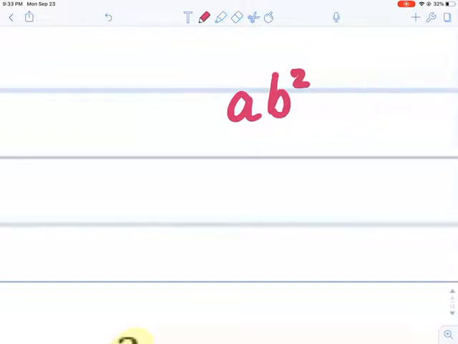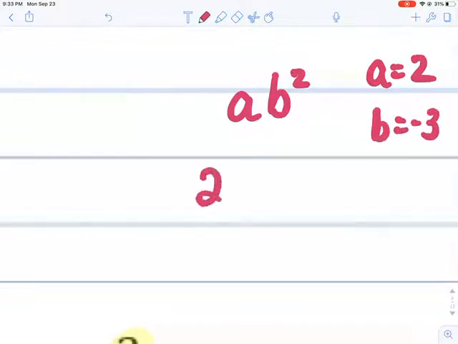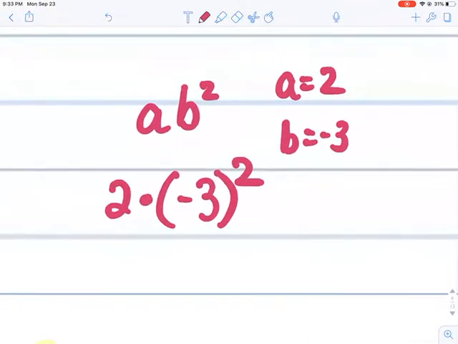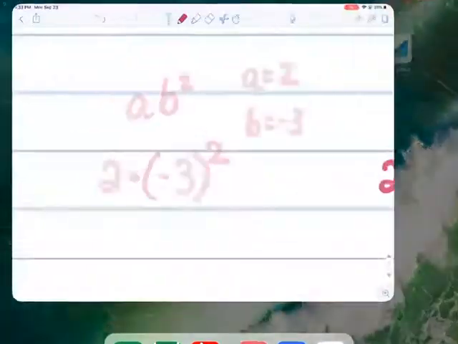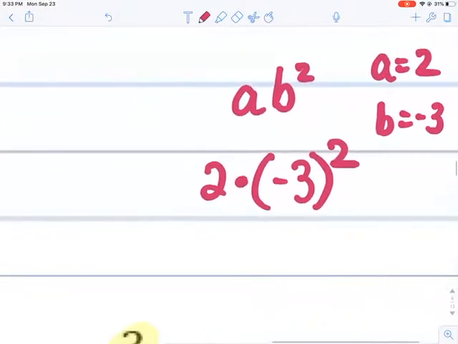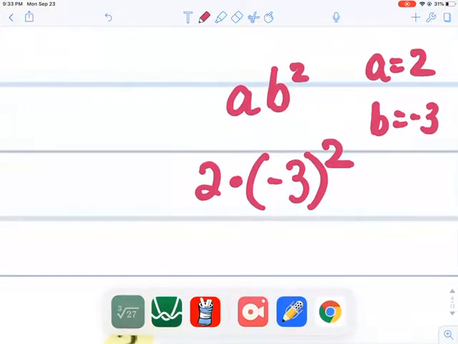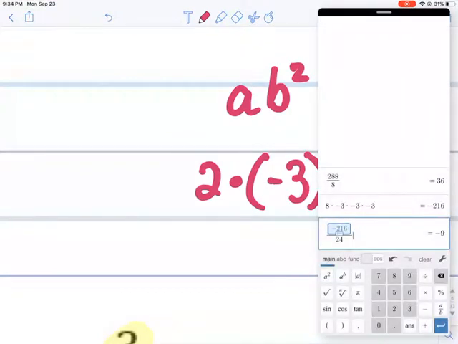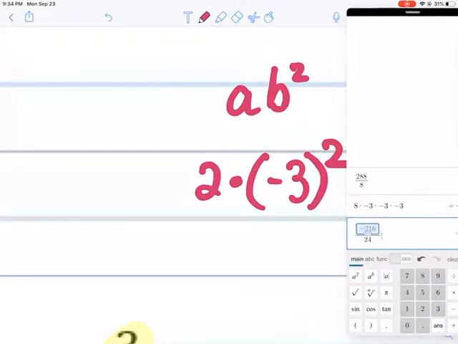So if A was 2 and B was negative 3, we're going to do 2 times negative 3 squared. And again, let me just show you. Of course, I just took it off. Sorry. Sometimes I move a little too fast. Okay, let me drag this around here too.